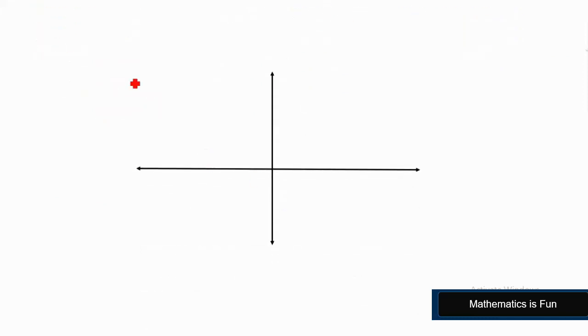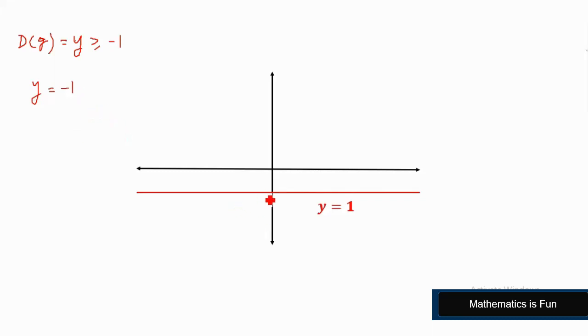So first we have to find the region for the domain of g, and the domain of g is y greater than or equal to minus 1. So let's first sketch the line y is equal to minus 1. So here it is the horizontal line which passes through y equals minus 1.